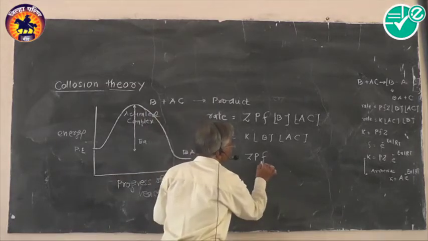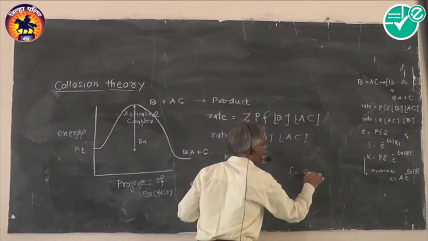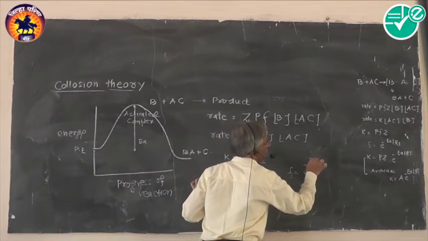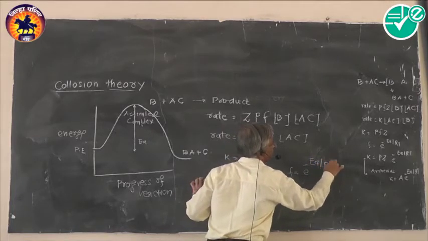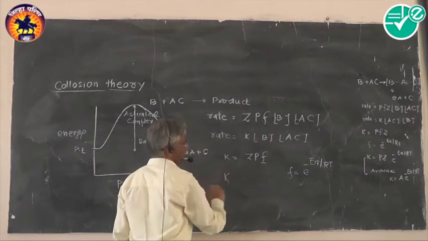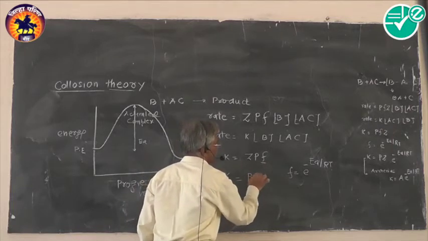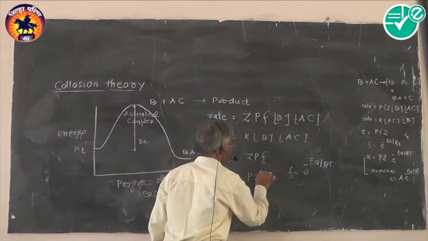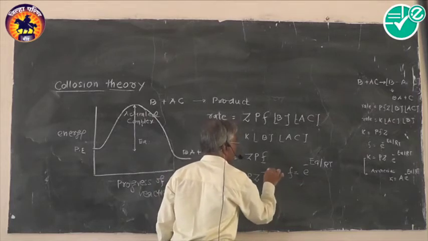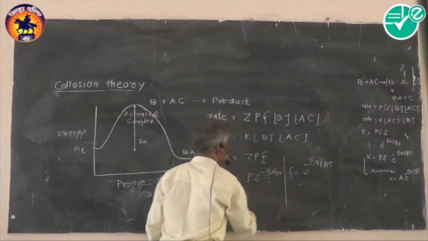Now, according to collision theory, this factor F is equal to e raised to minus Ea divided by RT, and therefore K will be equal to P into Z into e raised to minus Ea upon RT.